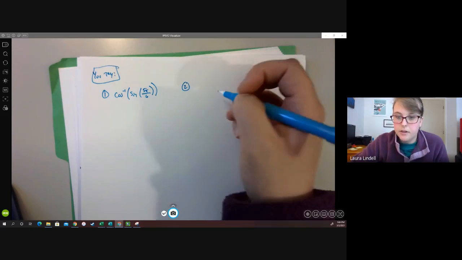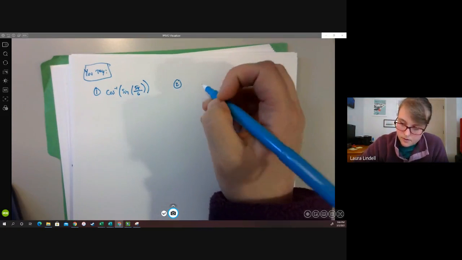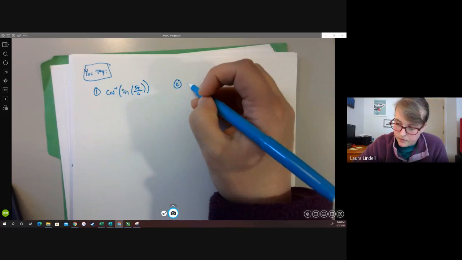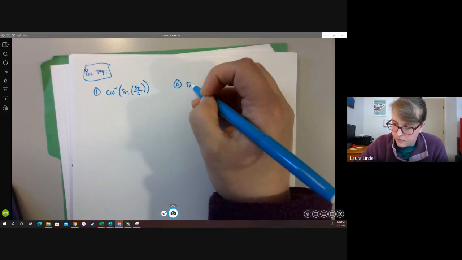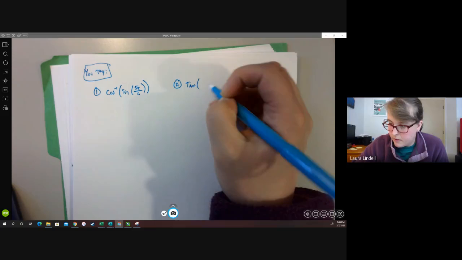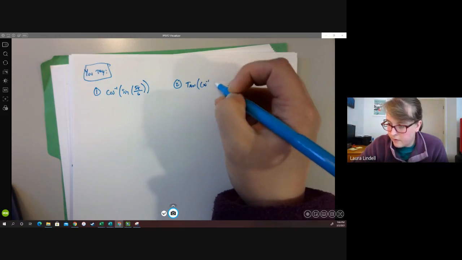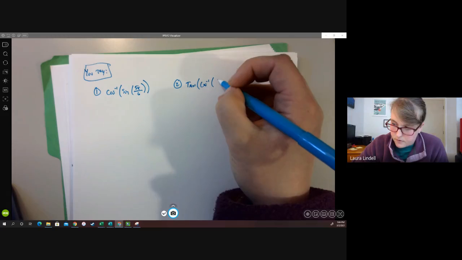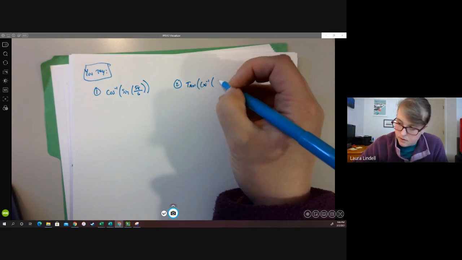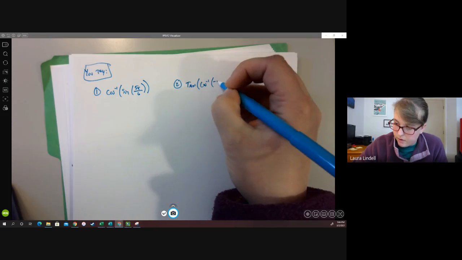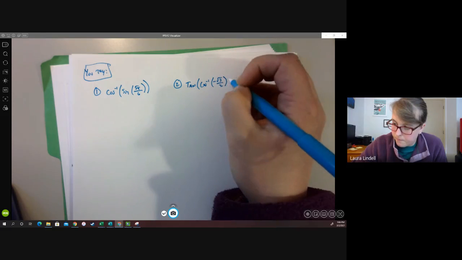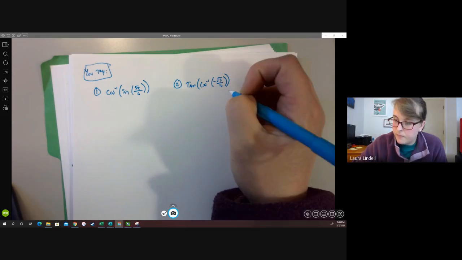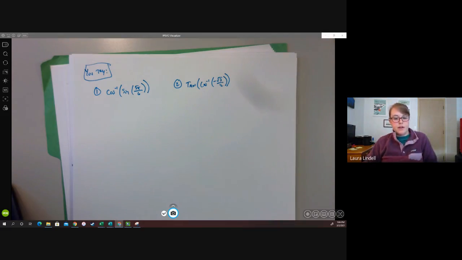And the second one will be tangent of cosine inverse of negative root 3 over 2. So go ahead and try simplifying both of those. When you think you've got it, type "got it" in the chat.